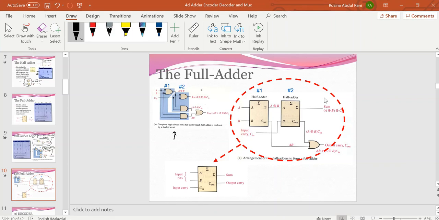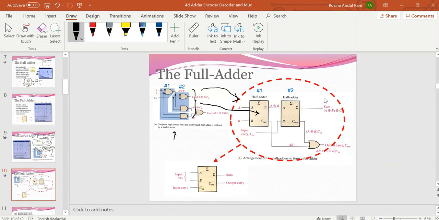So this is how the schematic looks like. Inside this block diagram, all this logic circuit is actually inside. So the logic circuit of full adder can be replaced by a schematic block diagram of two half adders.